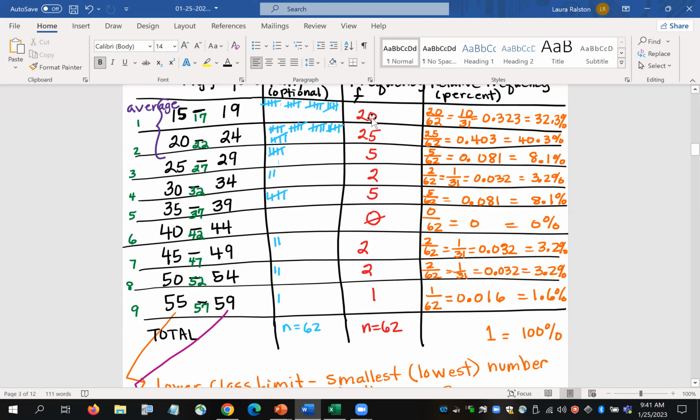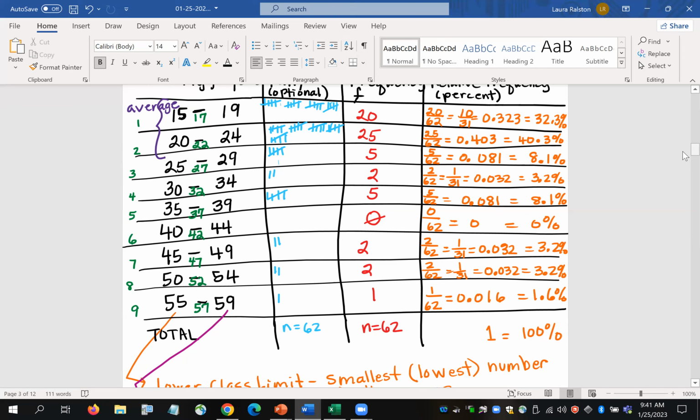We converted those to a count as opposed to a tick mark, and then we calculated the relative frequency. It's important to remember that the total frequency should equal the sample size, and the total relative frequency would equal 100%. That was also true when we talked about categorical.